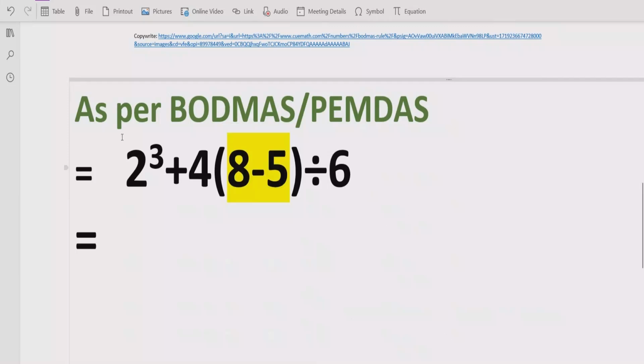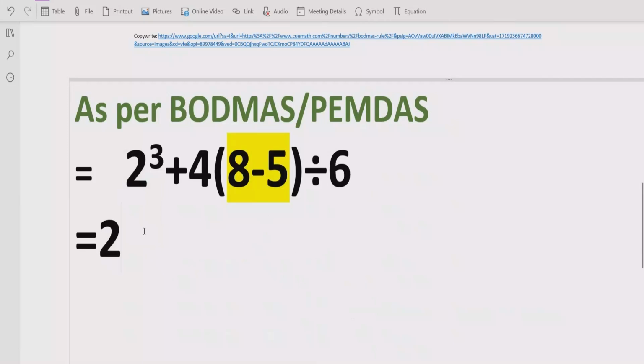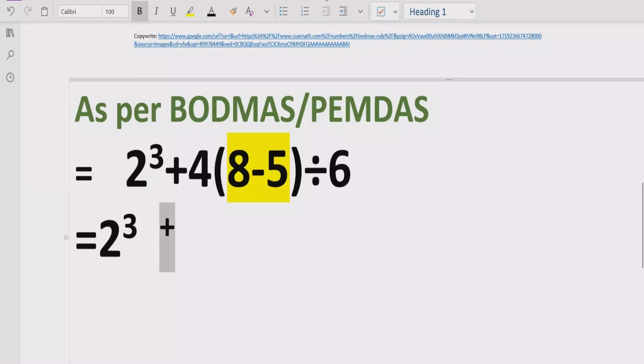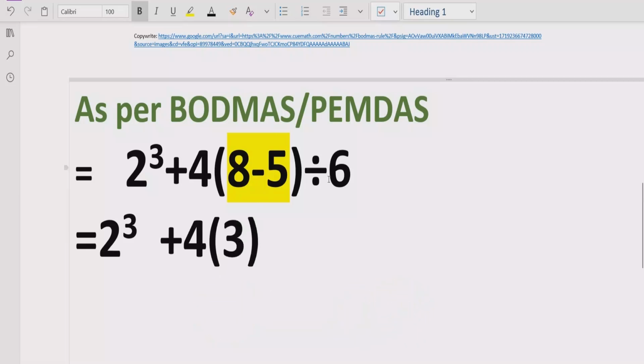So we will write 2 raised to power 3 as it is, plus 4 and 8 minus 5 equals 3, and divided by 6 we will write as it is. And here we will give the reference: 8 minus 5 equals 3.